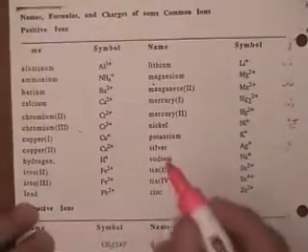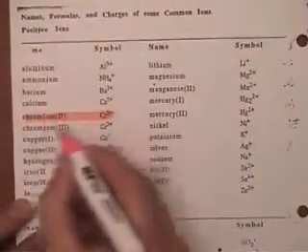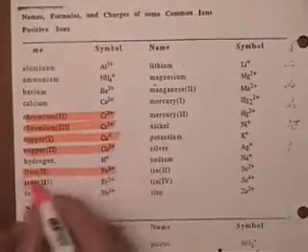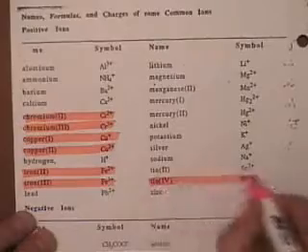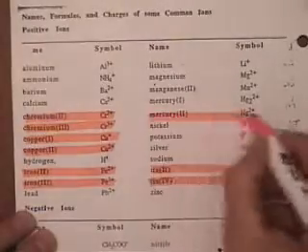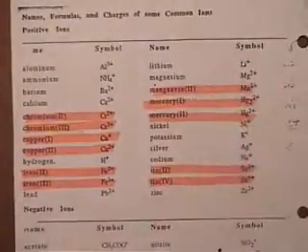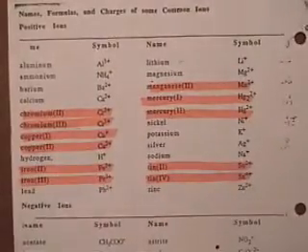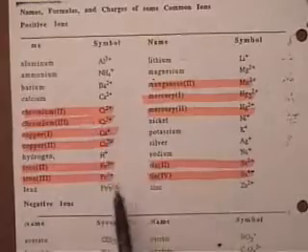I'm sure you've done this in class already, if you haven't, you highlight everything on your ion sheet that's got a Roman numeral. Those are stock numbers. Anytime you ever run into an ionic bond that happens to be one of your highlighted ions or your stock numbers, you know that there's going to be this stock number trick.